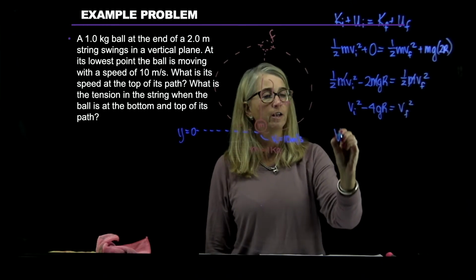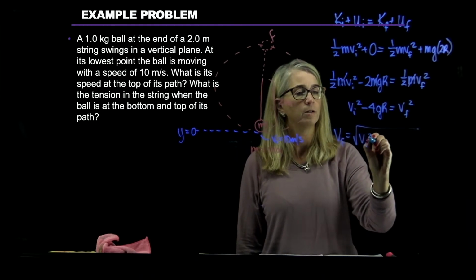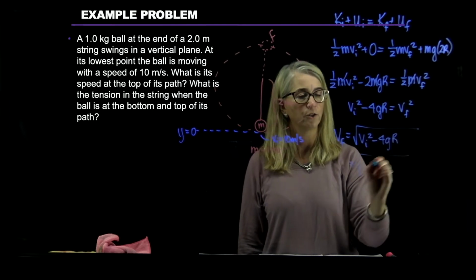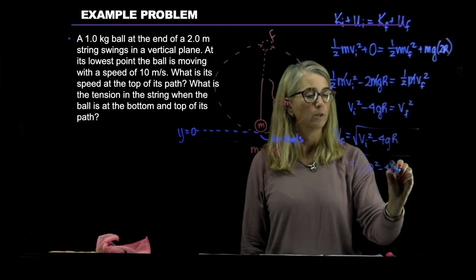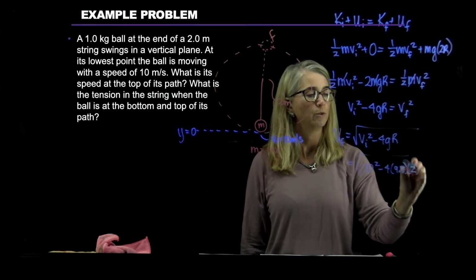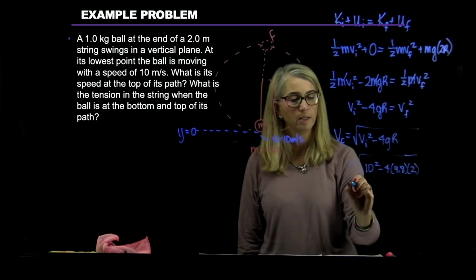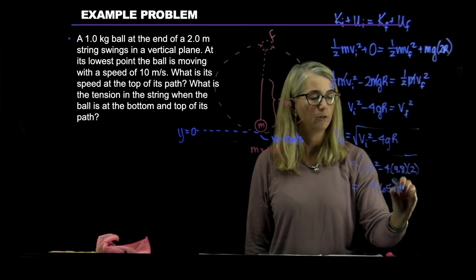And so v final is the square root of v initial squared minus 4gr. The initial velocity was 10, and then minus 4 times 9.8 times 2, and take the square root of that, and we find the velocity is 4.65 meters per second.